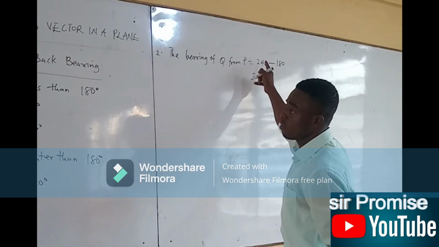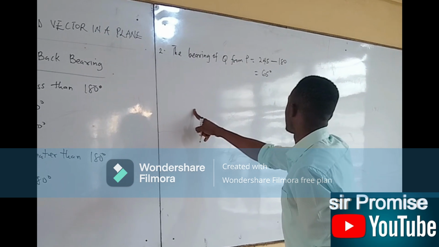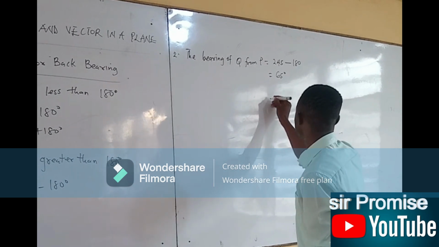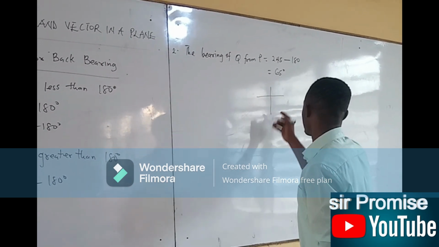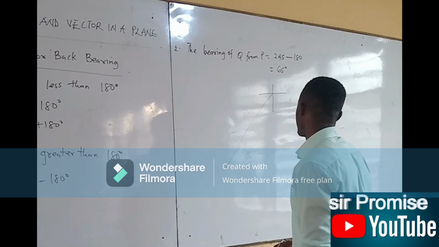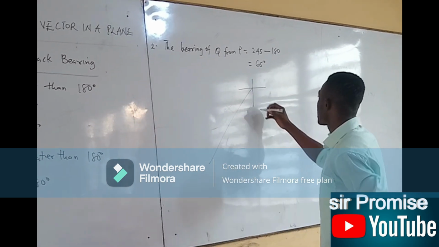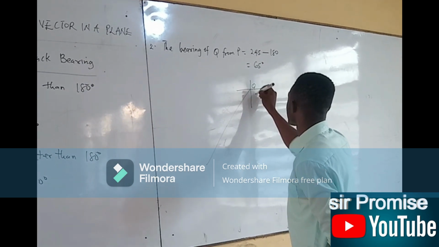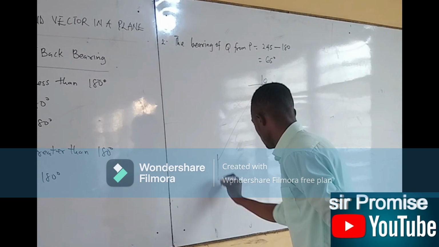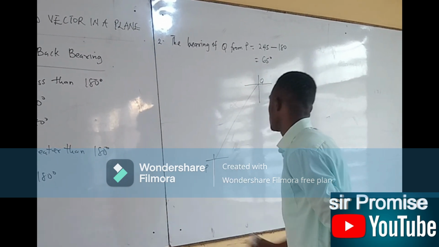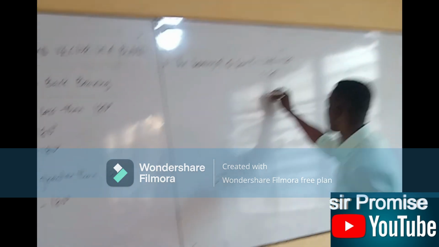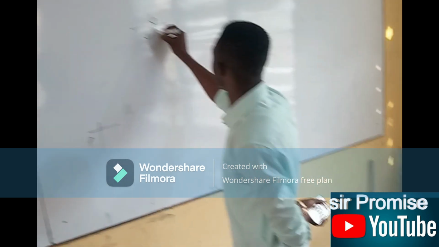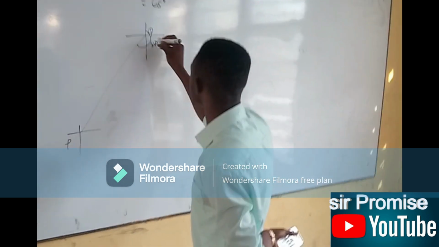This angle that was given falls in the third quadrant, so we are going to draw in this direction. We can start the compass here and make it in that order. What was given is from Q, so Q is this one, and we take this place to be our P. They are saying that from all this we have 245 degrees.